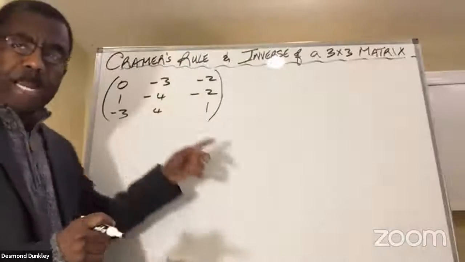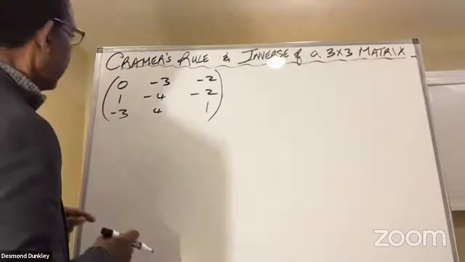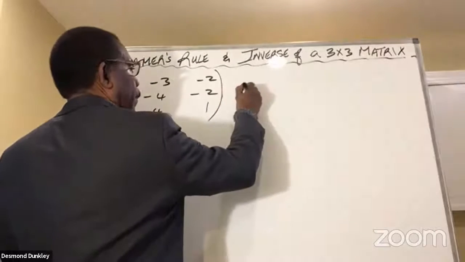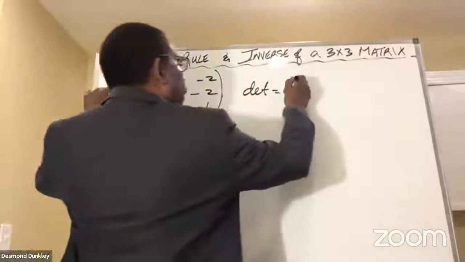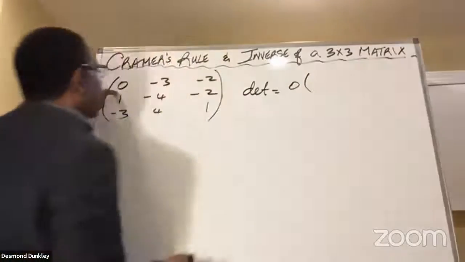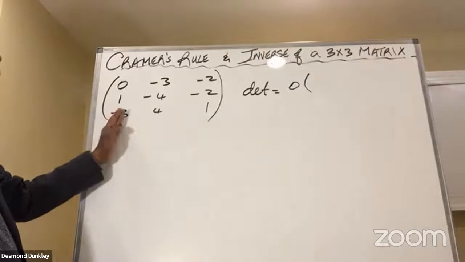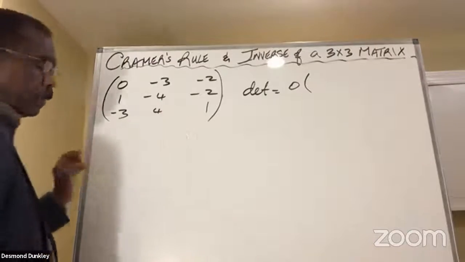Now this is a 3 by 3, and the way you find the determinant of this is you take this number, and you're going to cross out this row, cross out this column. So you end up with these 4 items right here.